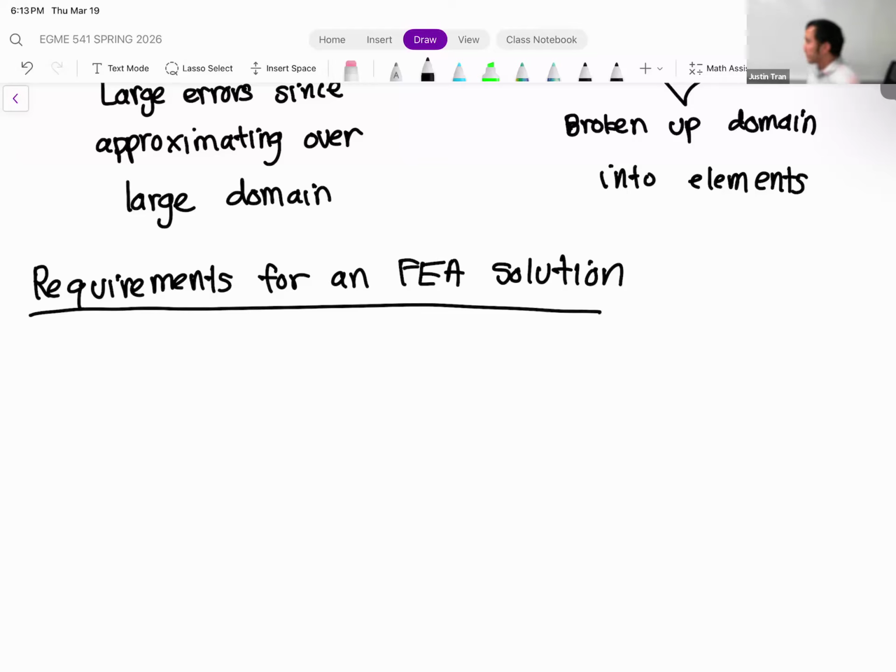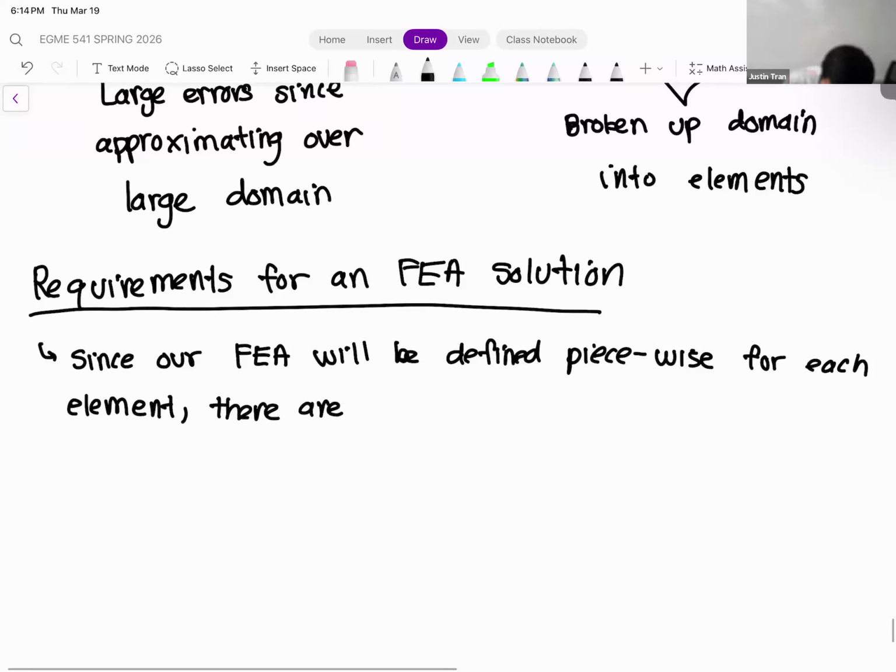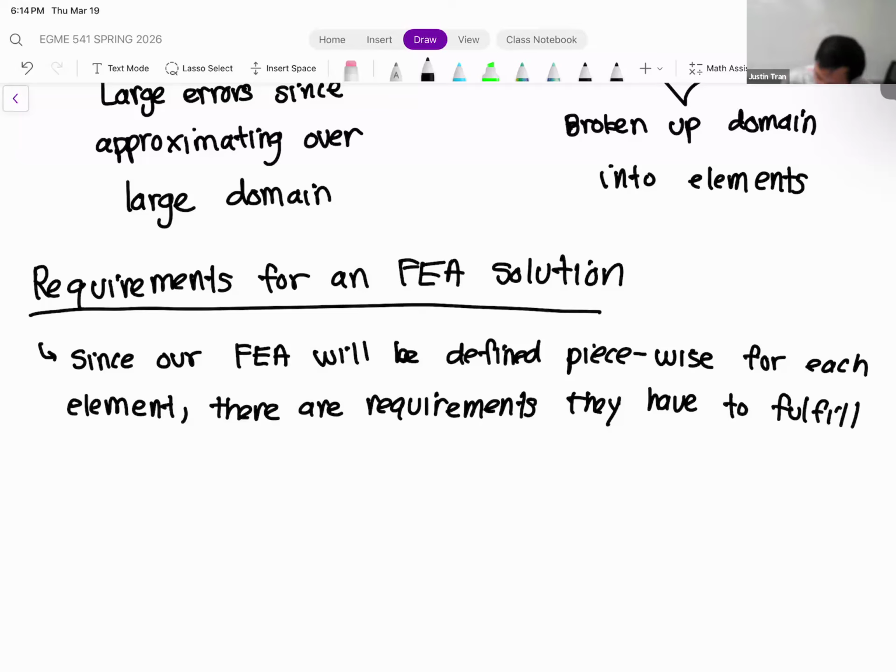Because our finite element solution is going to be a piecewise function, there are certain requirements that we have to fulfill in order to make sure our solution is valid. All right, so let's talk about those requirements.